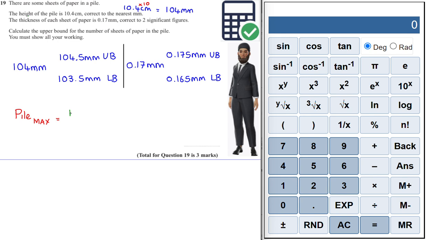So we're going to say pile, upper bound, and all of this is being divided by the thickness of the sheet. So let's write thickness. And this has to be the lower bound.